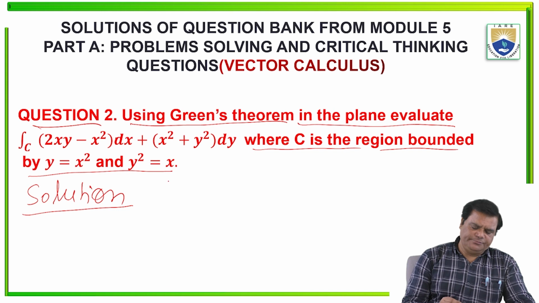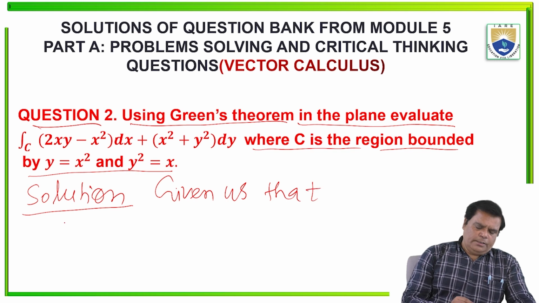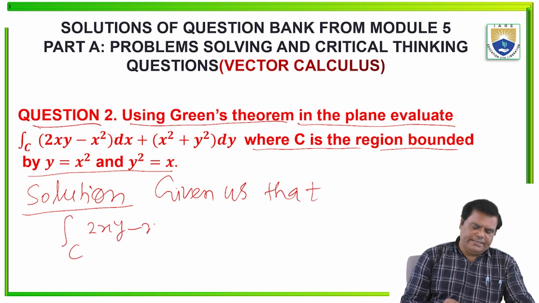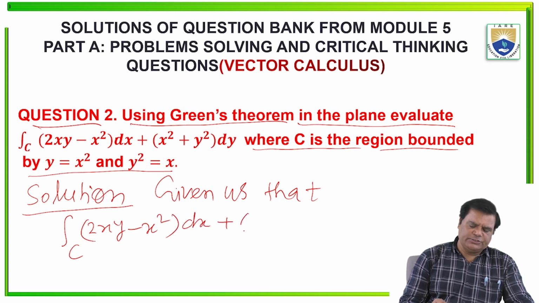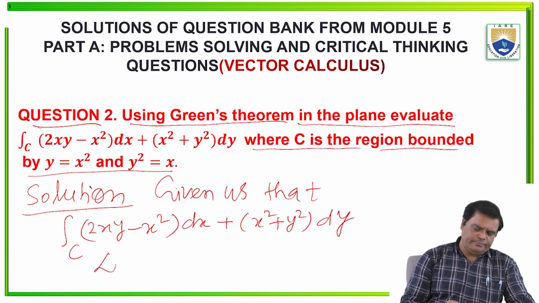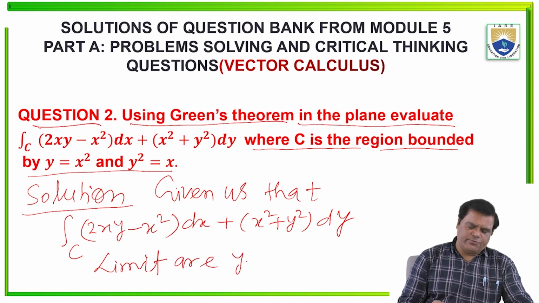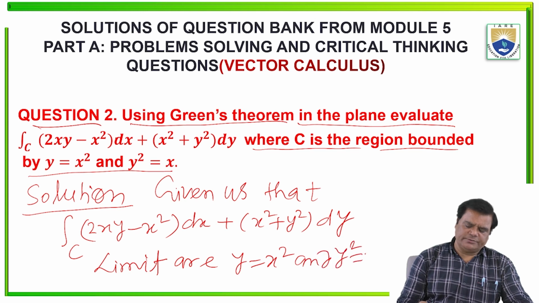Given: integral over C of (2xy minus x square) dx plus (x square plus y square) dy. Limits are y equals x square and y square equals x.